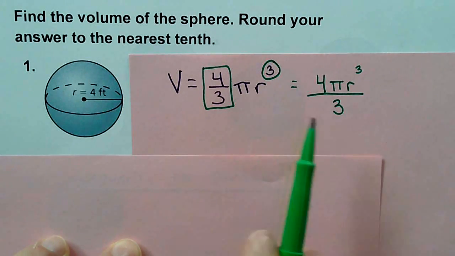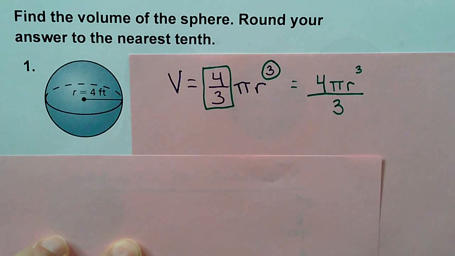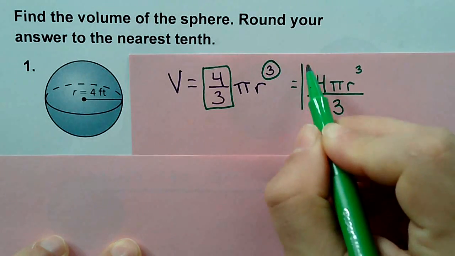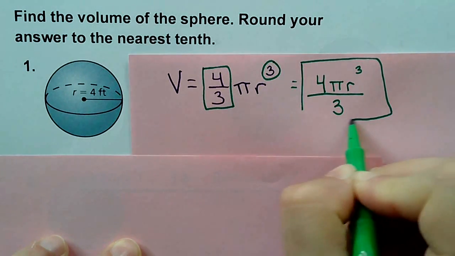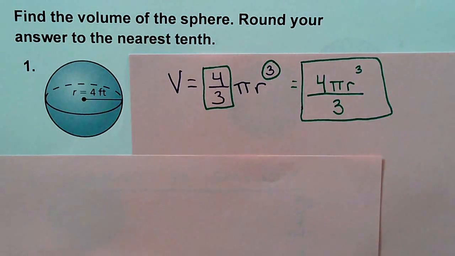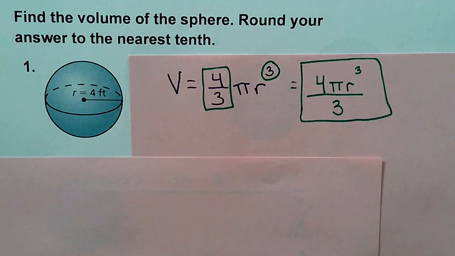So these are equivalent formulas or expressions. But I like this one a little more. It's a little easier for me to remember multiplying by 4, dividing by 3, than multiplying by 4/3 itself. So I'm going to use those in my example.